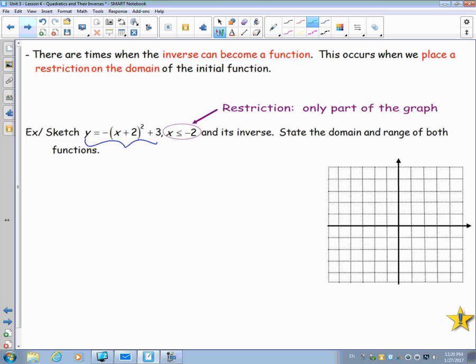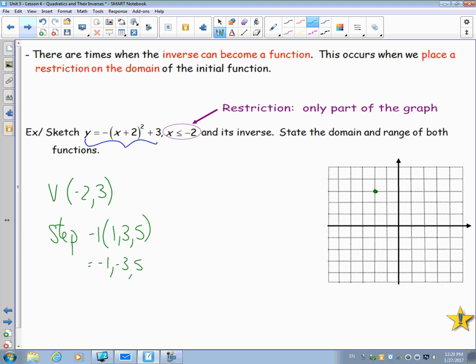If we look at the function, the parabola, it has a vertex of (-2, 3), and a step pattern of negative 1 times 1, 3, 5. In other words, -1, -3, -5. So when I start my vertex of (-2, 3), which is right here, I need to go over and then down 1.